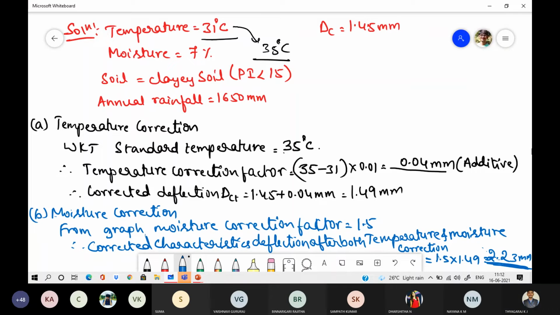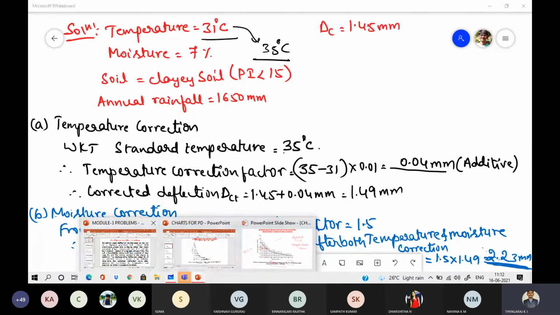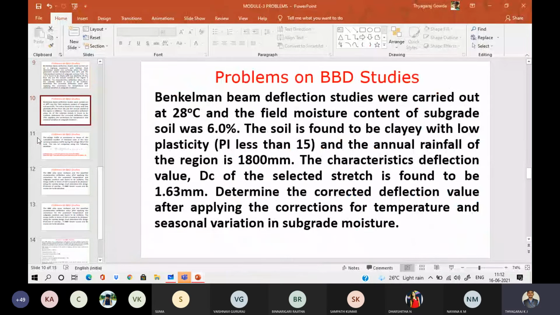Yes, sir. Okay. Now we'll go for the next problem, a similar type of problem. Why I am making you do this: if I give an assignment like this type of problem, everyone will be copying and writing. That's why I am making you solve these problems in the class itself.